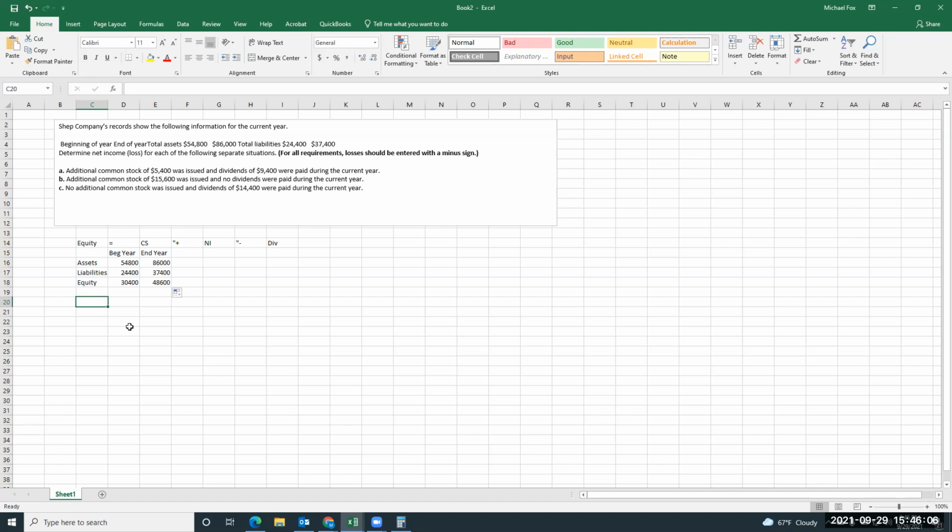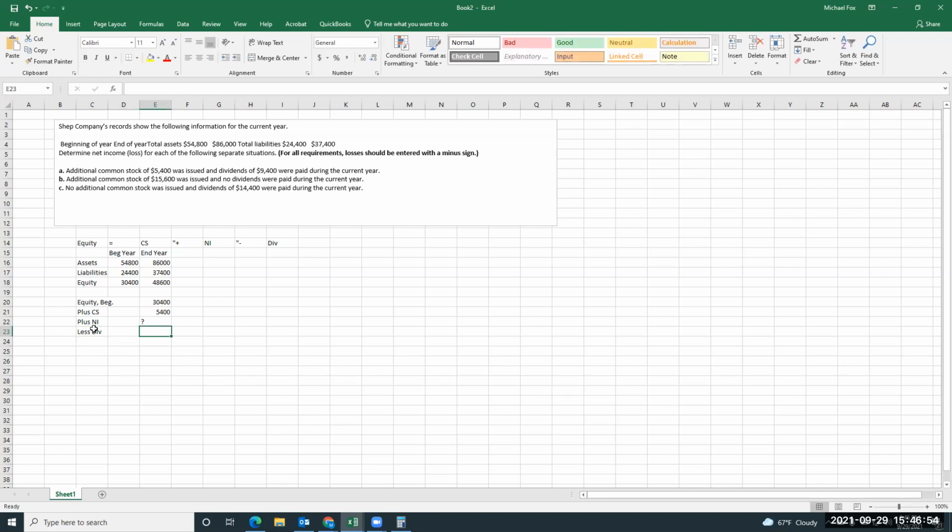I can say my equity at the beginning of the year, which was 30,400, plus additions to common stock, which I'm just going to put as CS, which for this one I'm told is 5,400, plus any net income, which I don't know, that's my question mark, less dividends.